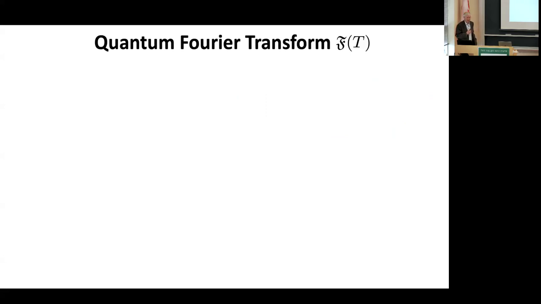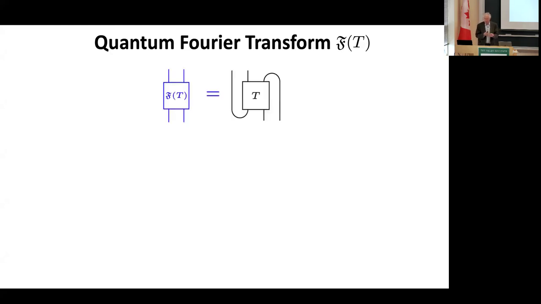Now, what is the Fourier transform on these matrices? There are many Fourier transforms of operators that are studied, and the particular one comes out of the old work of Acciano, where you take the inputs and outputs and cyclically permute them by 1.